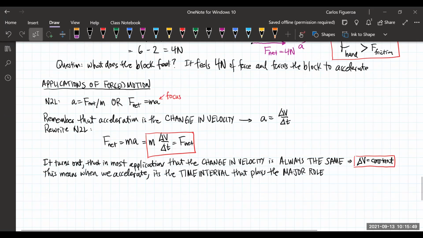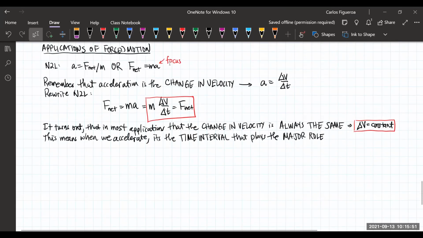And so what I mean by that is that there are short times, and that means here that now I'm going to have a little tiny time, or long time intervals.